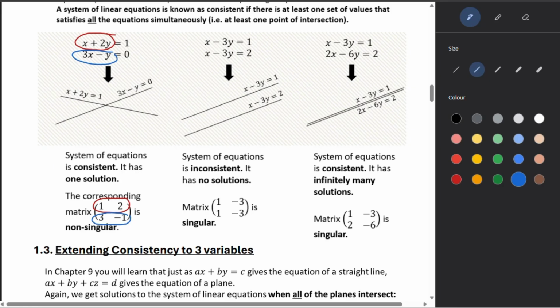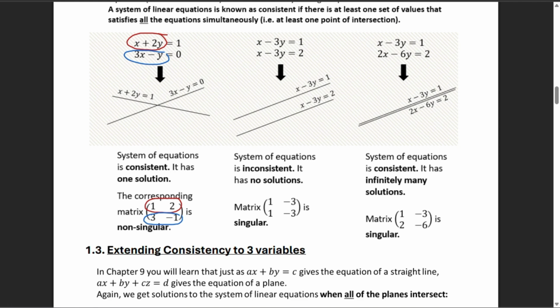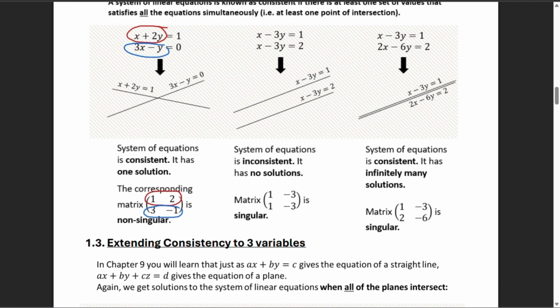So let's have a look at these other two cases. We have here x minus 3y is equal to 1, and x minus 3y is equal to 2. We can see that they form two parallel lines. Hopefully that makes sense because the x and y coefficients are the same, but their y-intercepts are different, 1 and 2. So they are parallel to each other, and they would be inconsistent because we know parallel lines don't meet, they don't get any further apart, and they don't get any closer together.